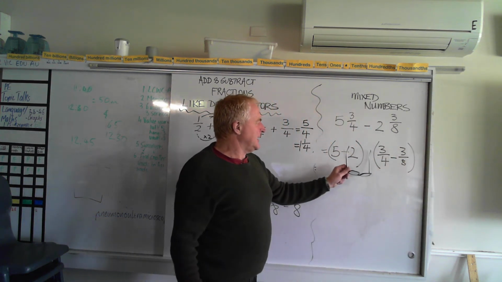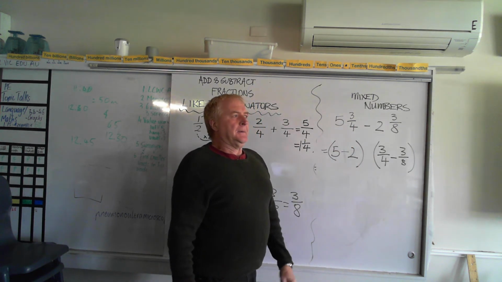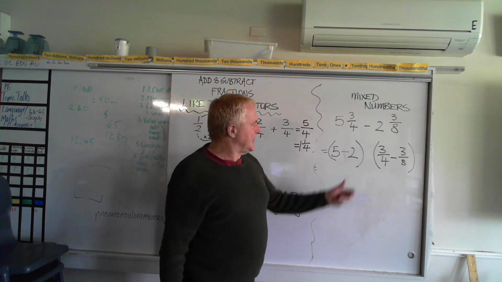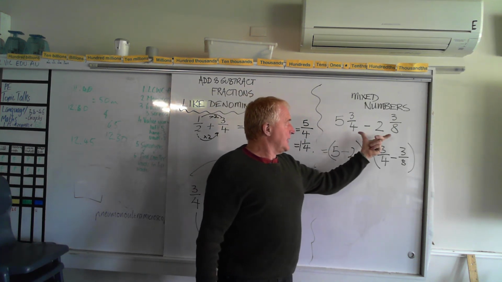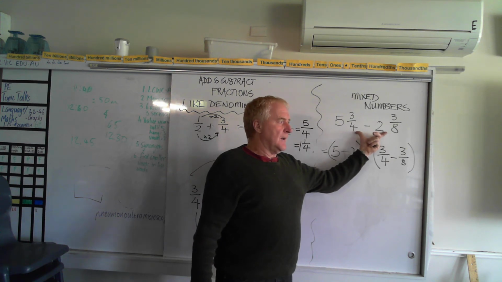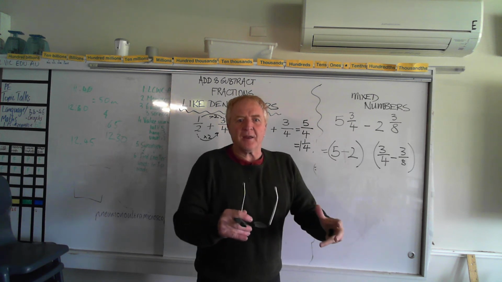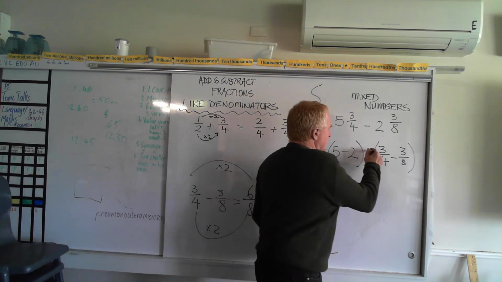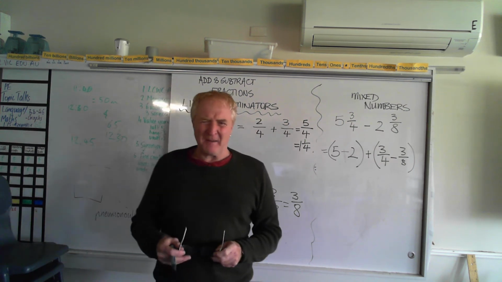Now what am I going to put in here? And I know we're thinking it's takeaway. Well, actually, what we're doing is we're working this out. 5 take 2, and then 3 quarters take 3 eighths. So we sort of want to know what happens when we finish that and we put them together. I know that's confusing, isn't it?